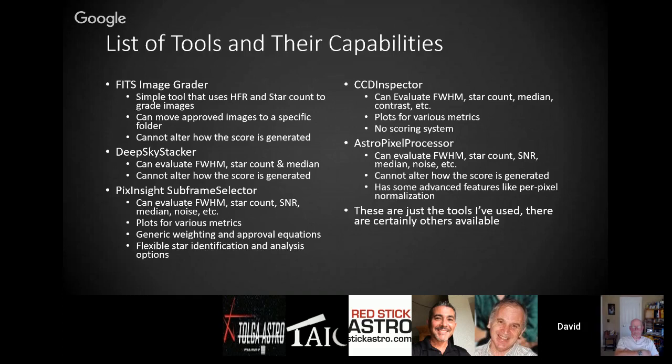AstroPixel Processor I hadn't really used until this week, but it does some really nice things. In addition to doing full width half maximum, the star count, signal to noise ratio, things like that for evaluation, even though you can't alter how the score is generated, it does have some advanced features like per pixel normalization, meaning it can even out the backgrounds of all the images and make sure everything is the same intensity before it evaluates things, which is really the holy grail for evaluating data.